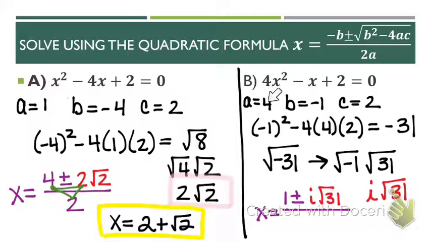And if a is 4, that means it's 2 times 4. And what is 2 times 4? 8. And that would be your final answer. When you do your triangle test, you can't reduce anything because you have a 1, a 1, and an 8. So that can't be simplified. So that's the quadratic formula.